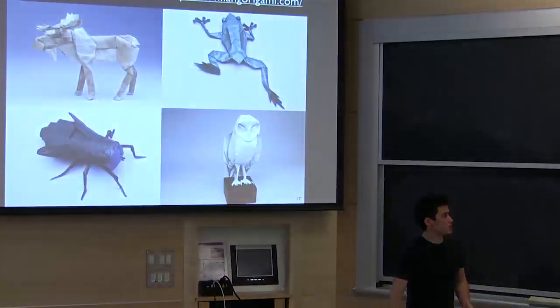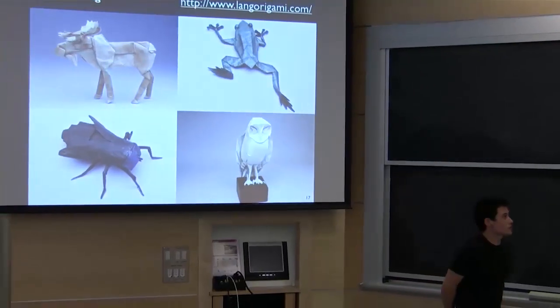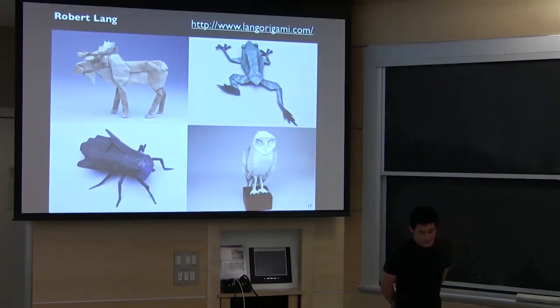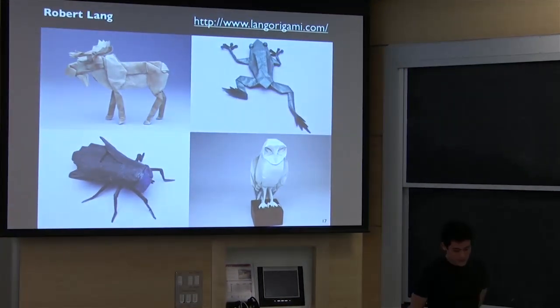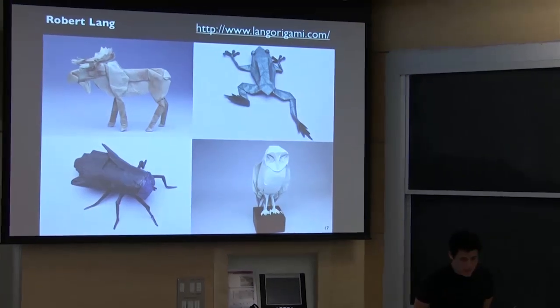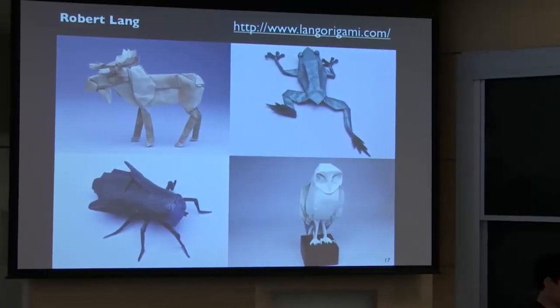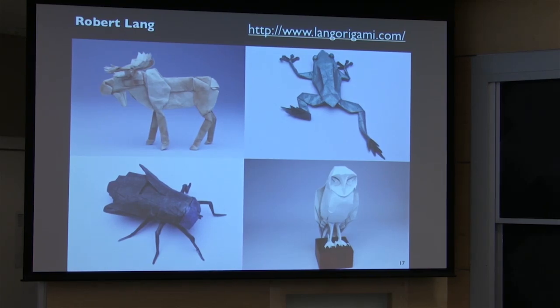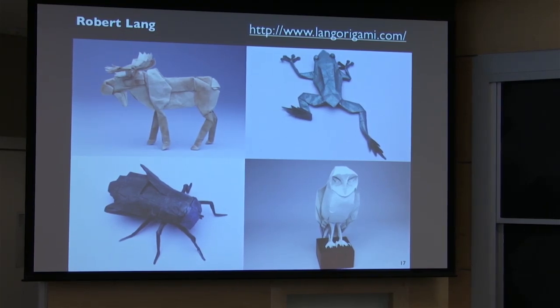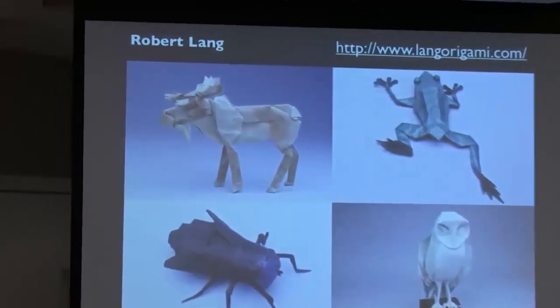So I think Robert Lang is one of the foremost origami designers in this area. He's a guy from California who is a pioneer of algorithmic origami design. You've heard his name a number of times. He has codified tree theory, if not being one of the pioneers of establishing that research himself.